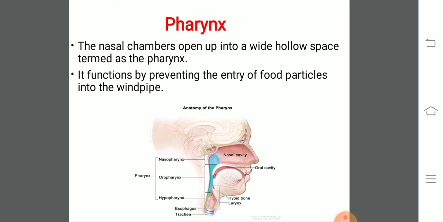Okay, so here one more part is there, that is the epiglottis. The epiglottis is an elastic cartilage which serves as a switch between the larynx and esophagus by allowing the passage of air into the airway to the lungs.